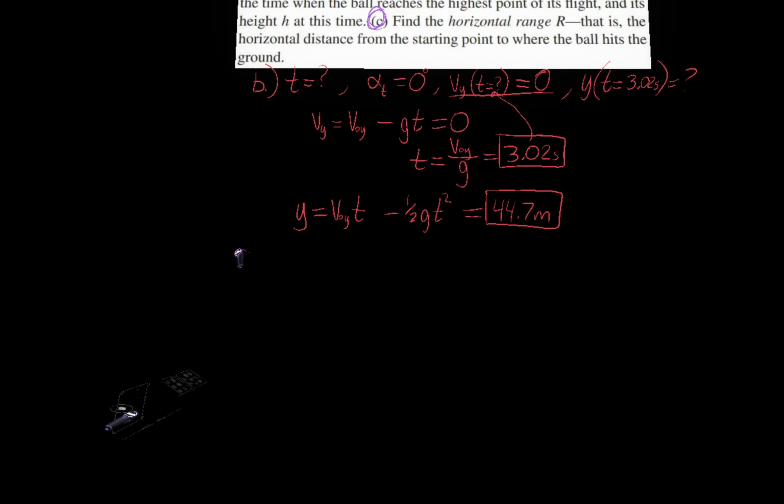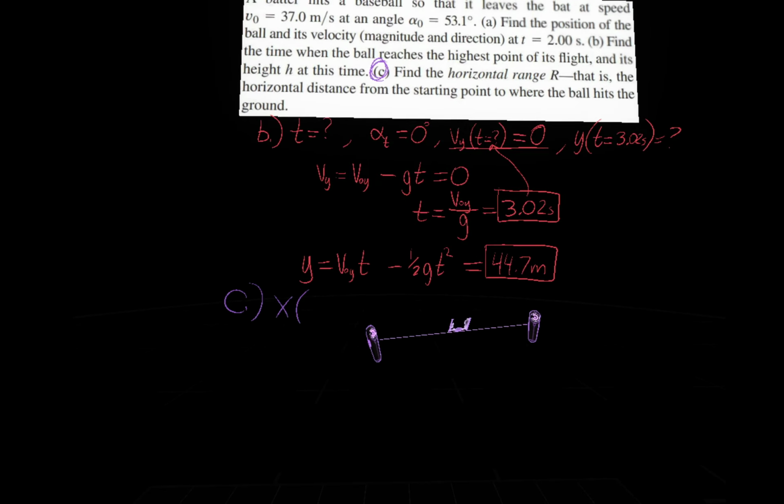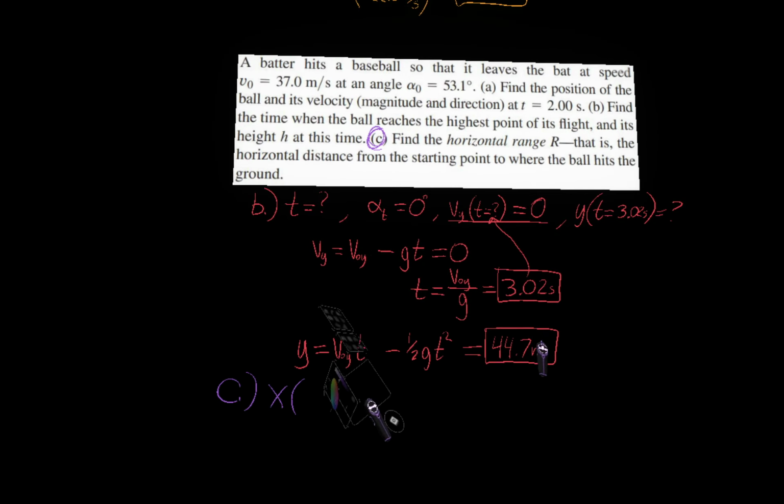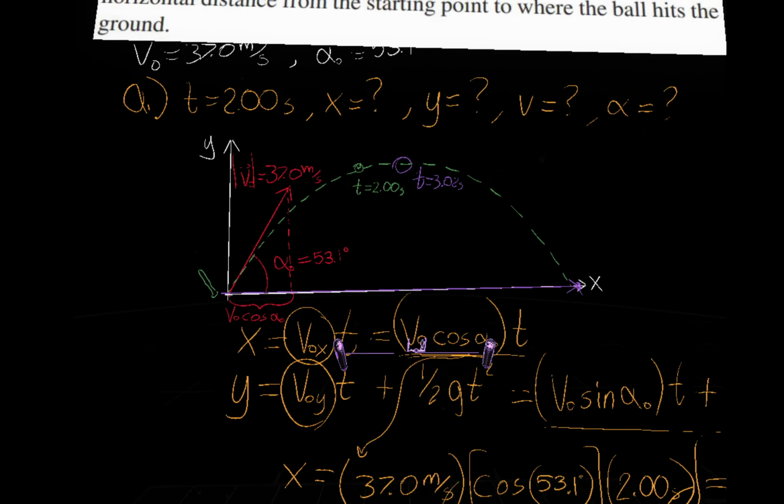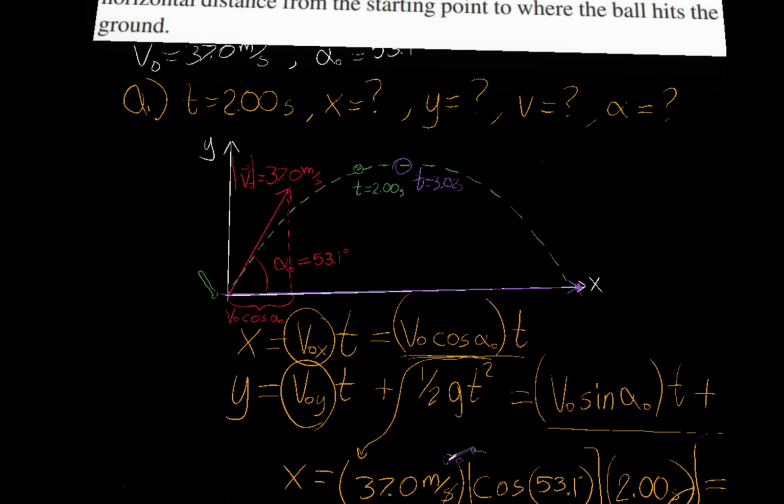So we're on C now. We want the value of x at some condition. When the ball hits the ground is the condition. But what does it mean when the ball hits the ground? What must be true? Well, there's a couple things that must be true. For one, what must be true is this angle with the horizontal at the point that it hits.